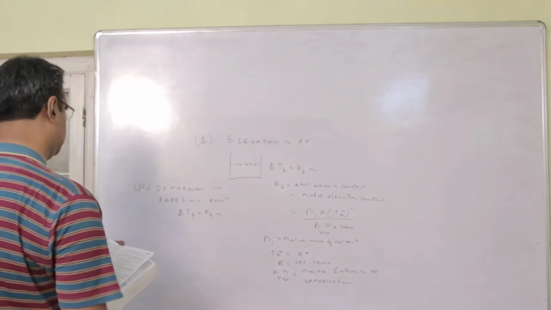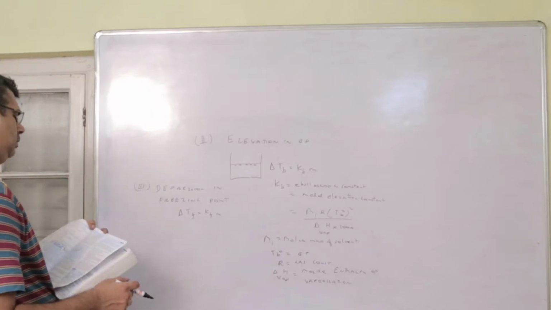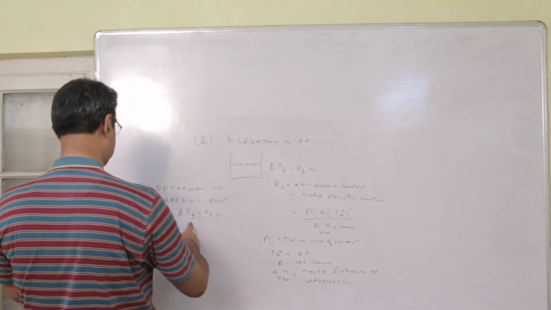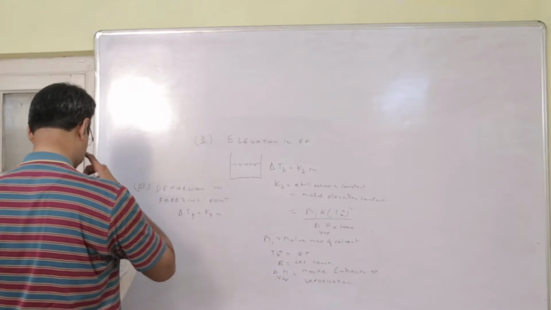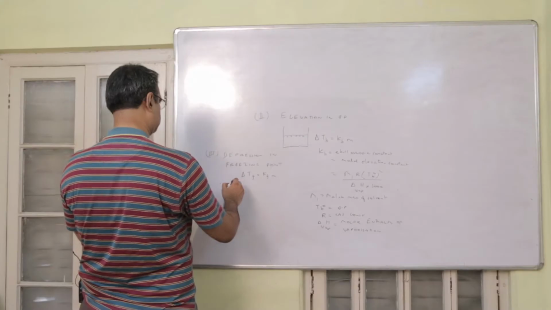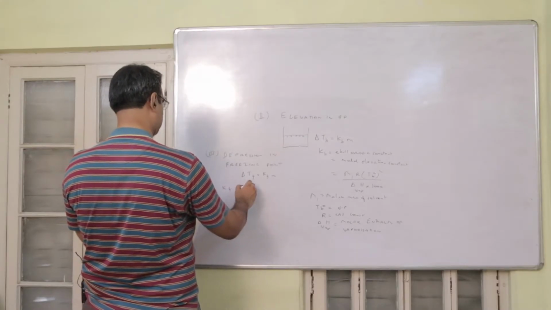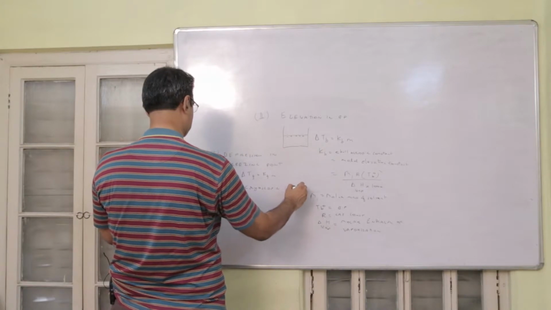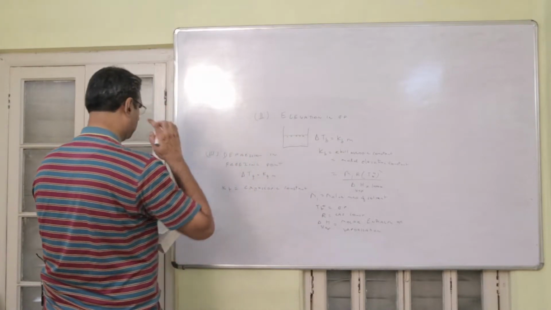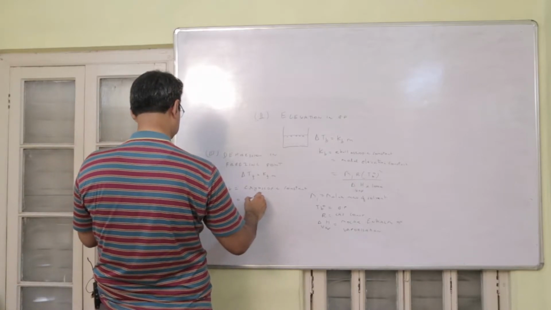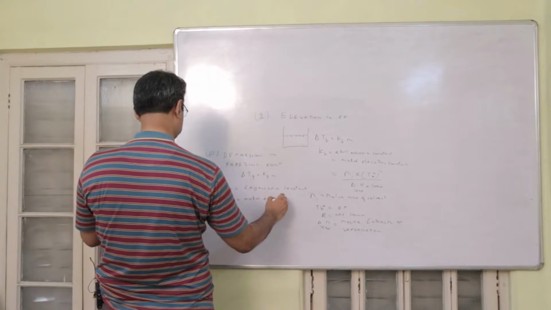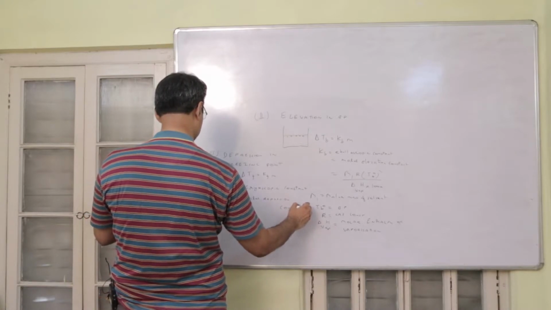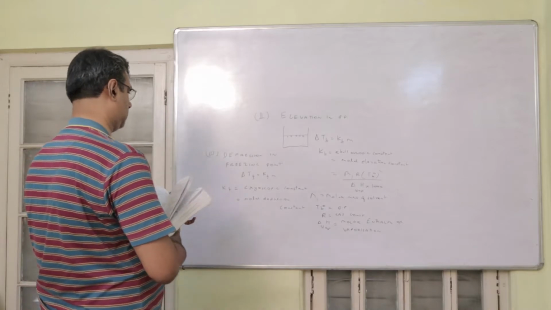So delta Tf is, when you mix a non-volatile solute with a volatile solvent, then the freezing point of the solvent goes down and the depression in freezing point is proportional to the molality, and the constant Kf is called cryoscopic constant. It is also known as molar depression constant.